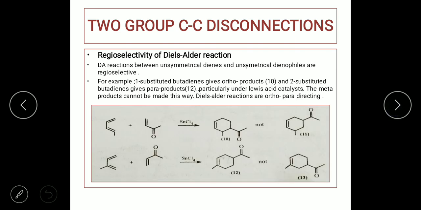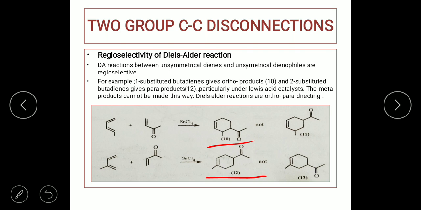Next, coming to regioselectivity of Diels-Alder reaction. Diels-Alder reactions between unsymmetrical dienes and unsymmetrical dienophiles are regioselective. For example, one substituted butadienes give ortho products, 10, and two substituted butadienes give para products, that is 12, particularly under Lewis acid catalysts.